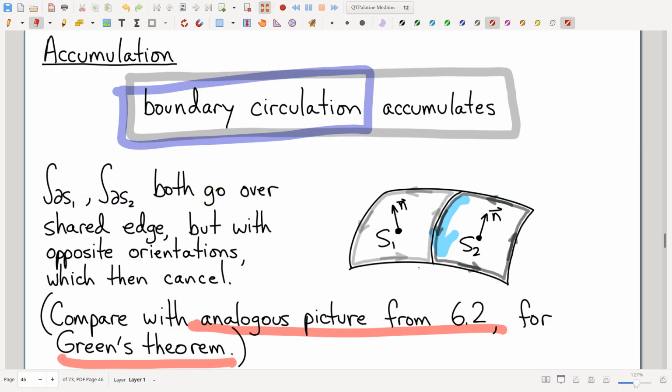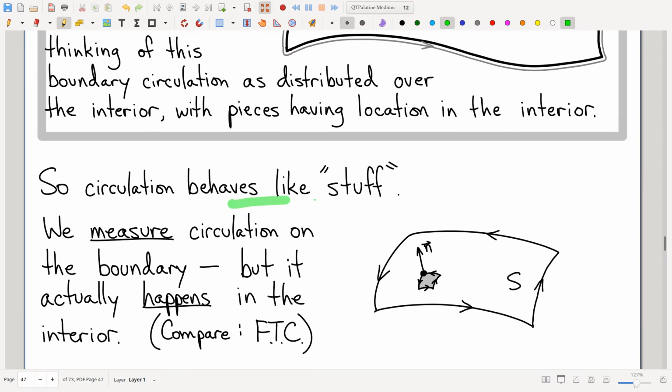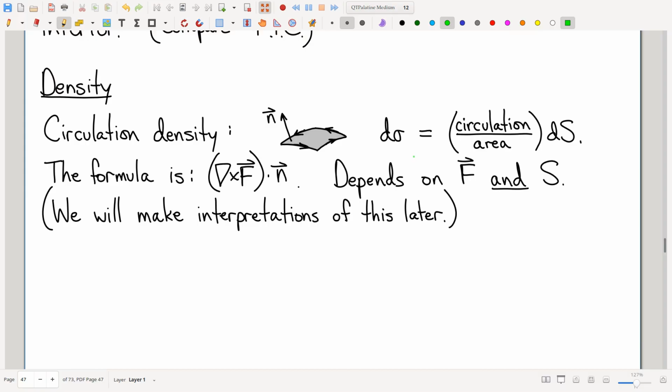And the pattern continues. Once you realize you have an accumulating quantity, then we can view that accumulating quantity as being a kind of stuff. Once you have the idea that you're going to view it as a stuff, you can talk about how much of that stuff, circulation in this case, there is per unit area. Right? If it's a substance distributed over the surface, how much of that substance is there per unit area? And we can compute this.